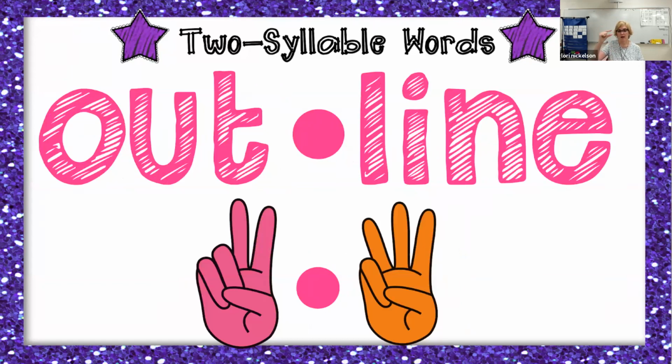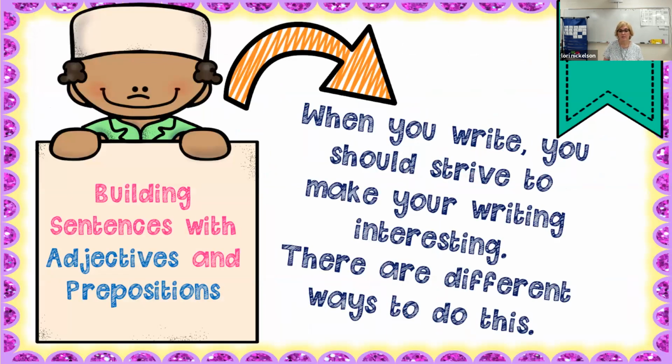Outline, out, two, three, outline. All right, so building sentences with adjectives and prepositions.